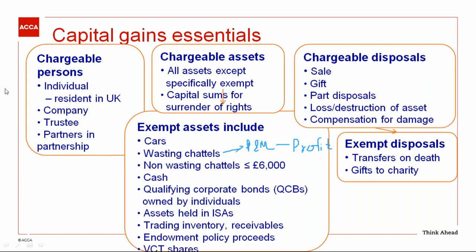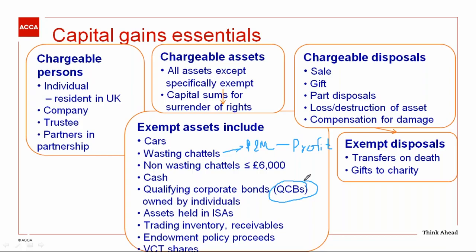Then cash. As I said, current assets are exempt from CGT. Then we have something called qualifying corporate bonds, QCBs. Now, qualifying corporate bonds are normally loan notes, debentures issued by a company.